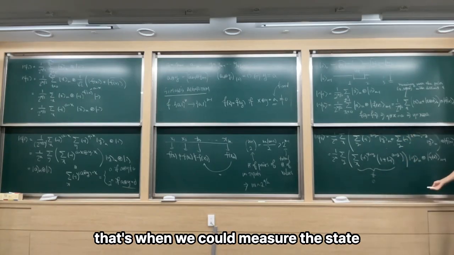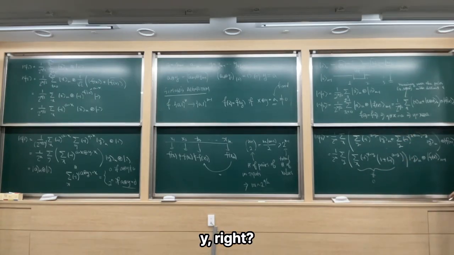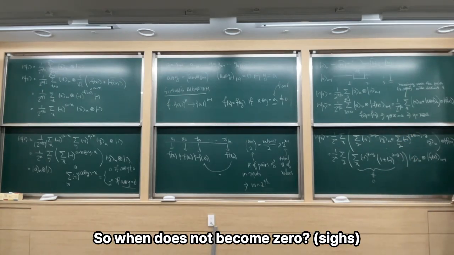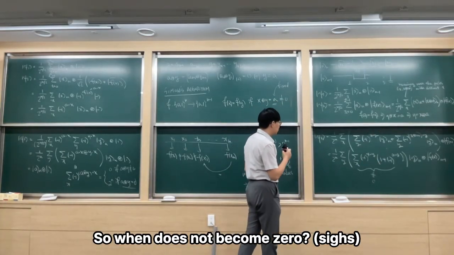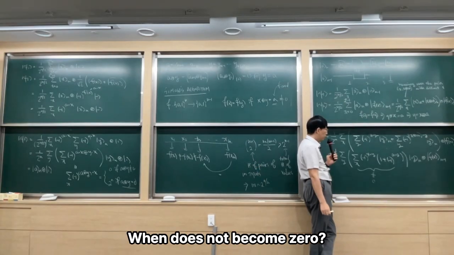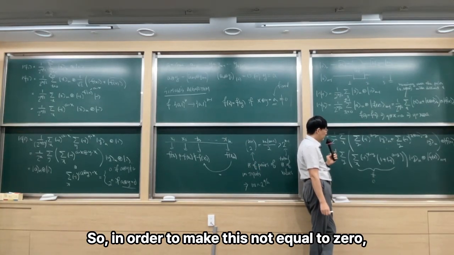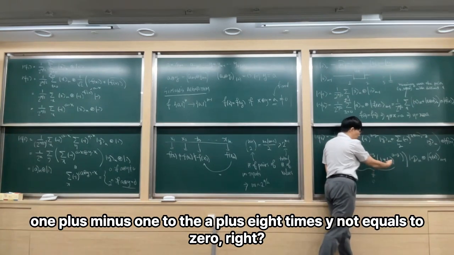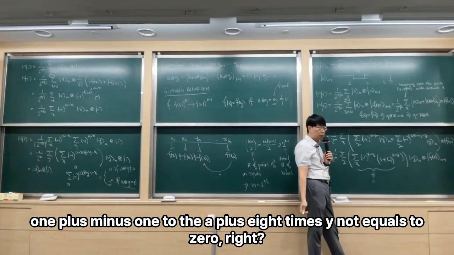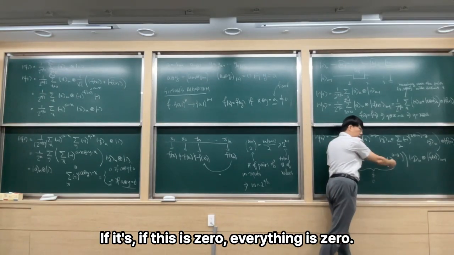That's when we could measure the state y, right? So when does it not become 0? In order to make this not equal to 0, I need at least this part, 1 plus minus 1 to the a times y, not equal to 0, right? If this is 0, then everything is 0.